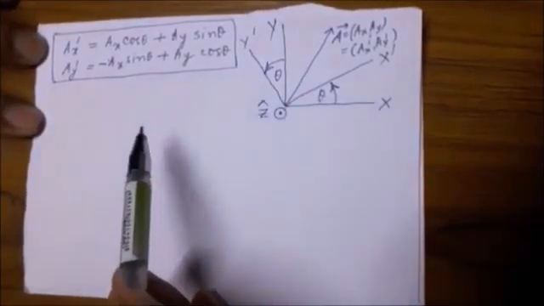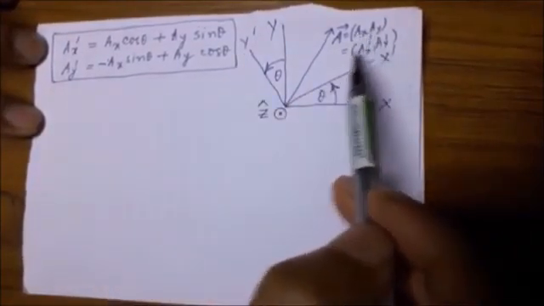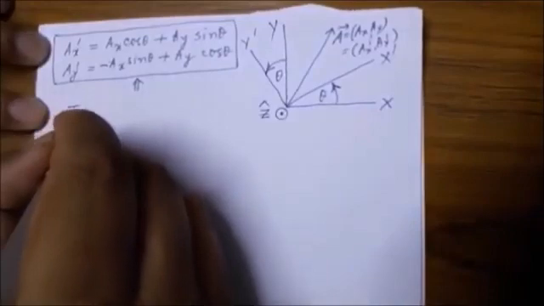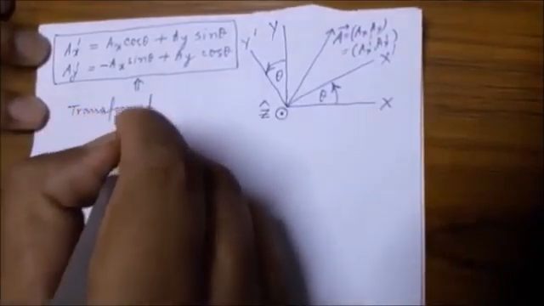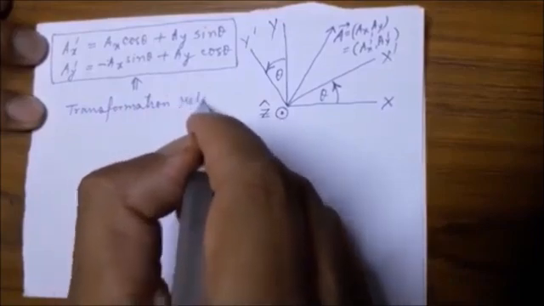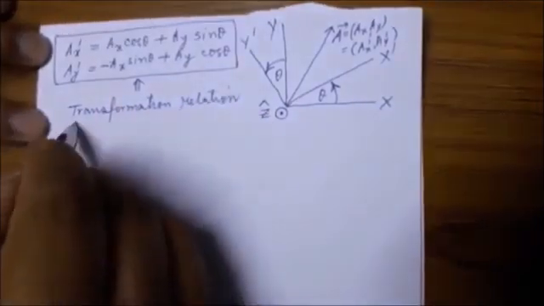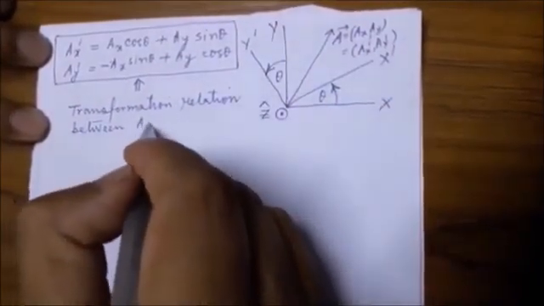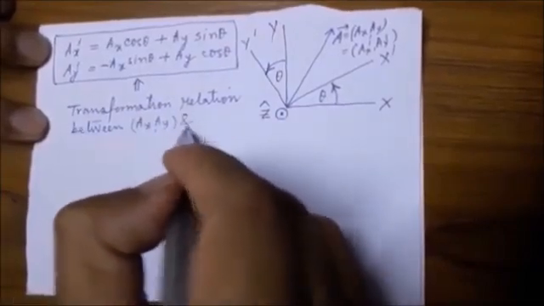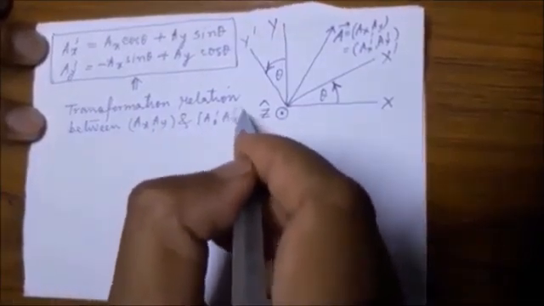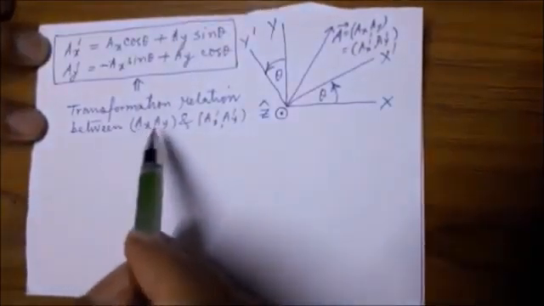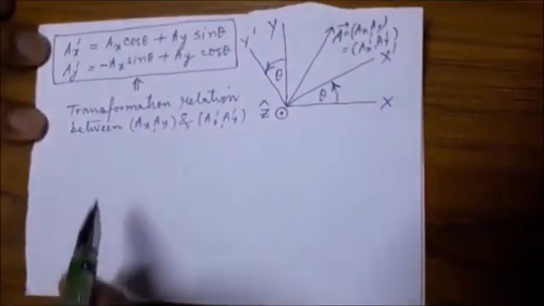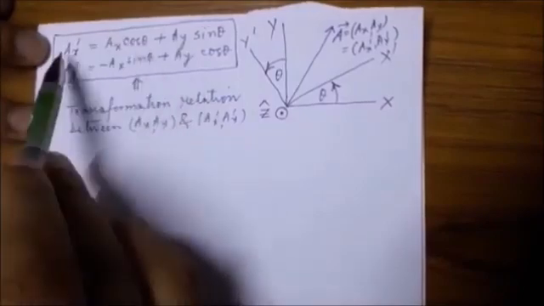Now we have found out how these components are interrelated. So this is called the transformation relation between these components ax ay and ax prime ay prime, unprimed frame and the primed frame, and the switchover is from the unprimed frame to the primed frame.